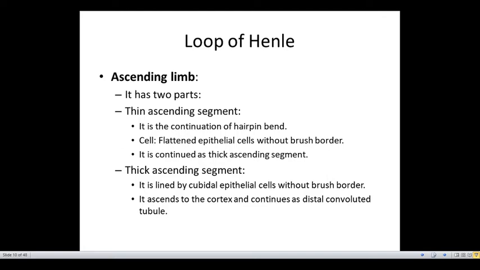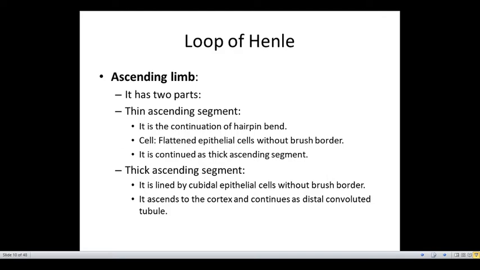The ascending limb has two parts, thin ascending segment and the thick ascending segment. The thin ascending segment is the continuation of the hairpin bend. Its cells are flattened epithelial cells without brush border.